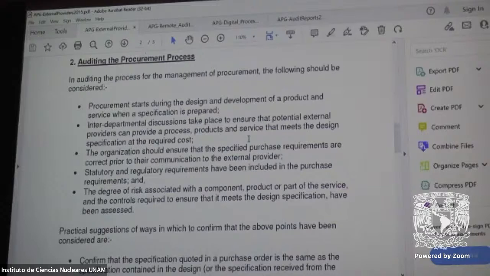Now, again, has the client that you're auditing defined how to do that with procedures, or are they just doing it in an ad hoc manner, in which case you risk the food safety? That's what you as the auditor need to determine.